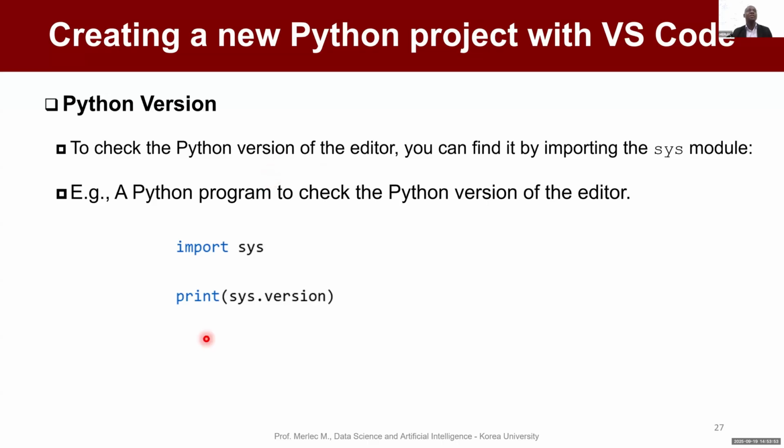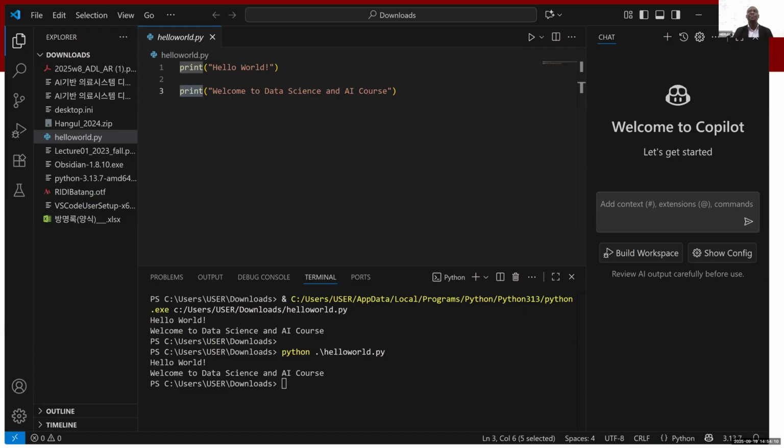To check the Python version from your scripts, you can just use this approach. I will make a new Python program that will run these two instructions. I can directly run that from my terminal because I have only two instructions, and I can write a script for that.